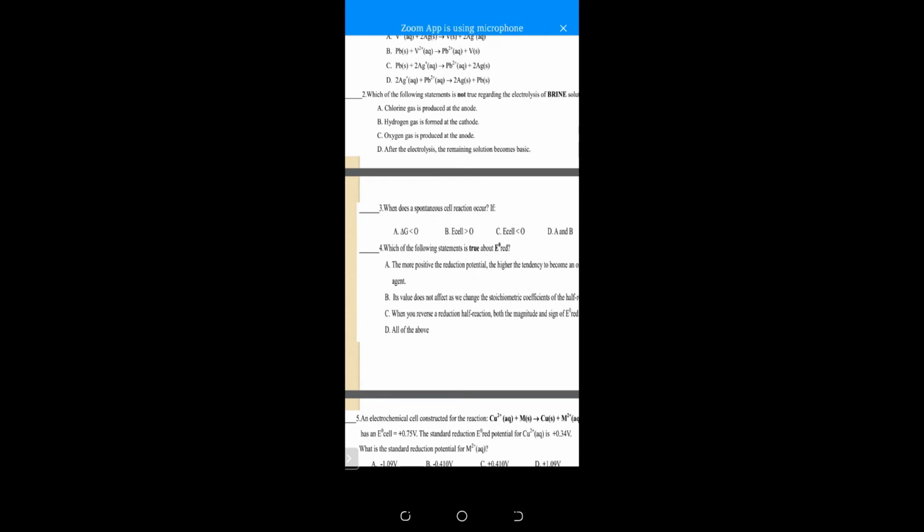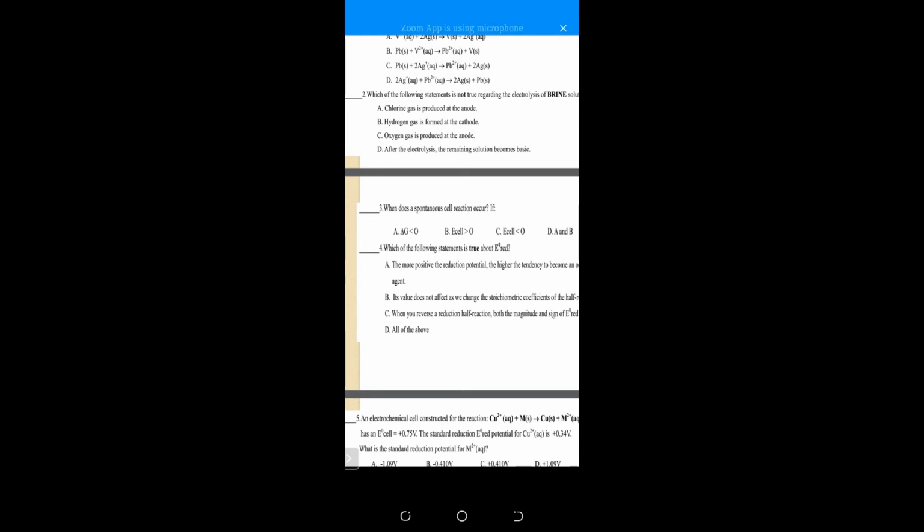In both diluted as well as concentrated sodium chloride solution we have a common product: hydrogen gas is always evolved at the cathode. Are you listening? In both cases, diluted and concentrated, hydrogen gas is evolved at the cathode.